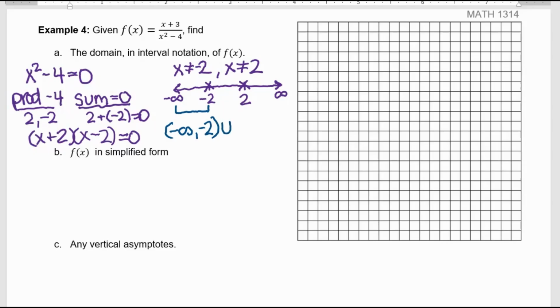We need to jump over the negative 2, which means we need a jump rope, a union sign. Then we are stuck in between negative 2 and 2. Need to jump over 2, so we need another jump rope, the union symbol, and then we are from 2 to infinity. And there is our domain.